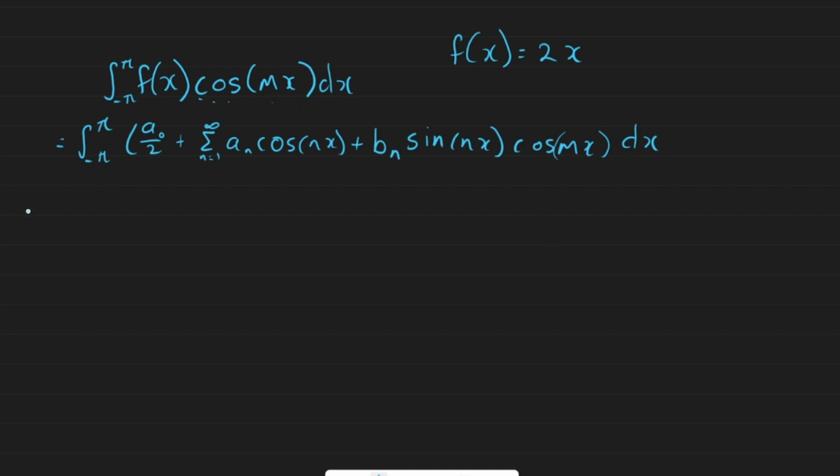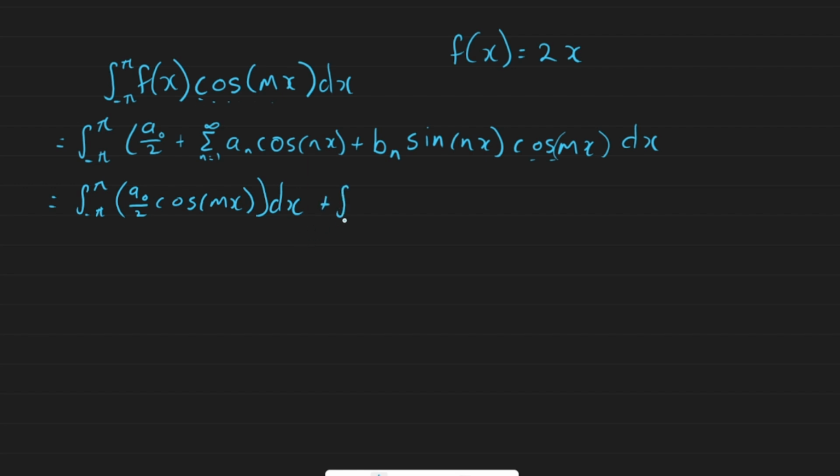So let's multiply this out. When we multiply this out, what we get is the integral from minus pi to pi of a naught over 2 times cos mx, so we write that down. What we're going to do as well is multiply it by each term, and we're also going to split the integral. So we're going to write the integral for each term within the brackets. So we're going to say this is with respect to dx.